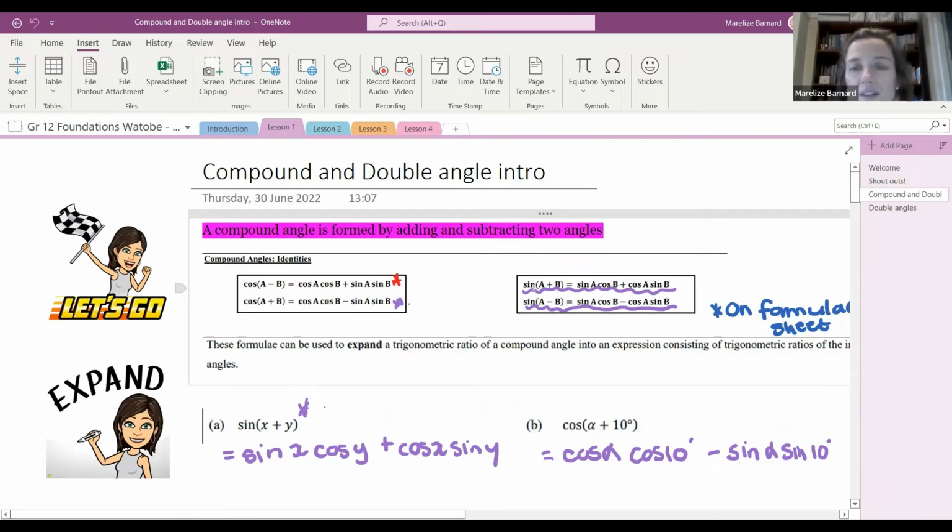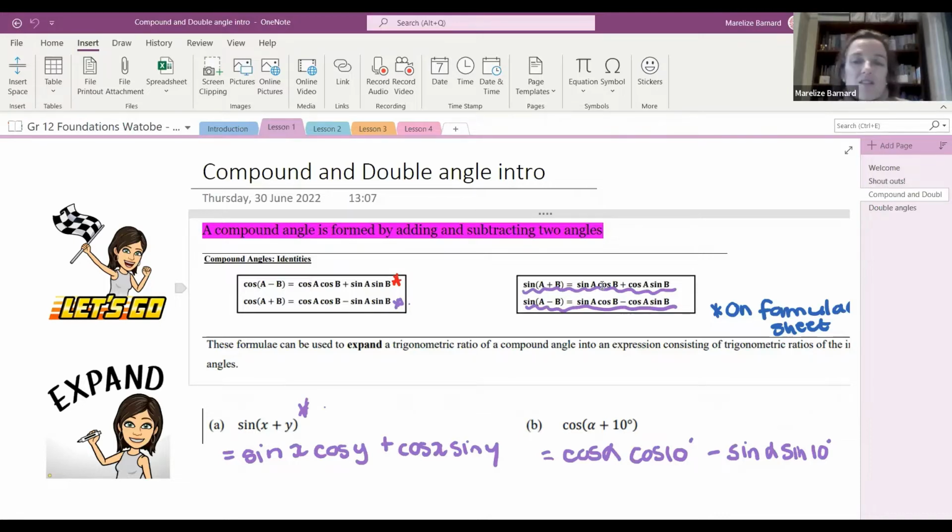And then for the sine of a compound angle, A plus B, that's just sine A, cos B, and the sign stays the same. So for sine of a compound angle, A plus B will always just be a plus, and for sine of A minus B, it will just stay a minus.